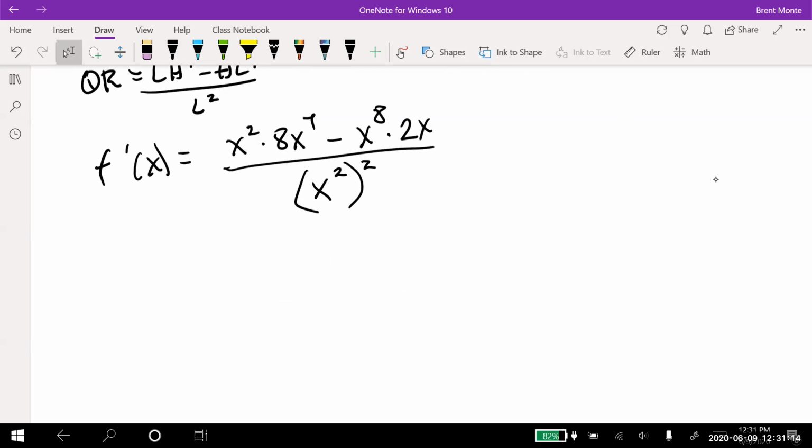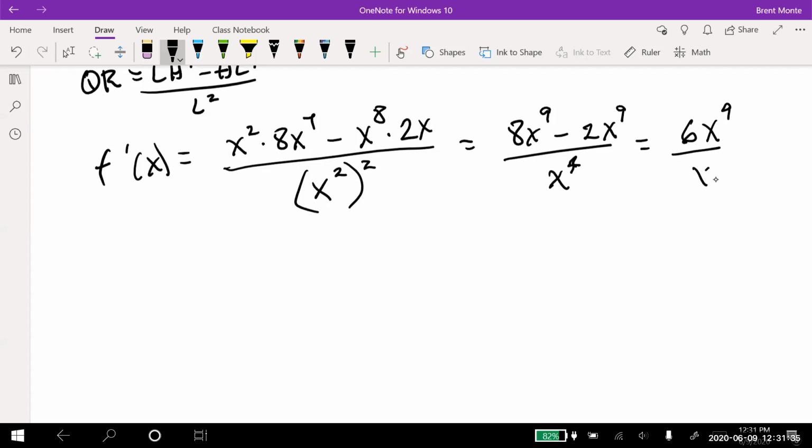And so notice what's happening. Let's simplify all of this. I add those exponents. I'm going to get 8x to the 9th minus 2x to the 9th all over. On the bottom, I multiply the exponents. I get x to the 4th power. And so on the top, the 8 minus 2, these are like terms. That's going to be 6x to the 9th over x to the 4th. And then I can subtract those exponents.